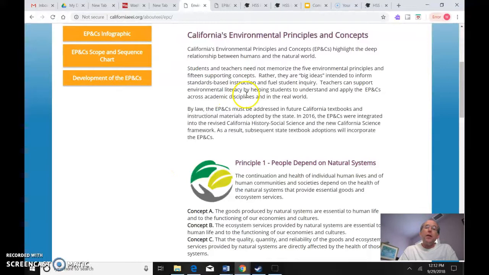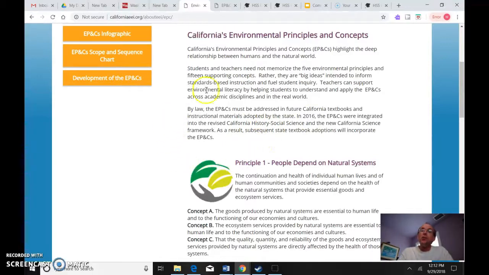I wanted to highlight that although these were developed originally independent from the California History-Social Science Framework, in 2016 they were officially, formally integrated within the revised California History-Social Science Framework.